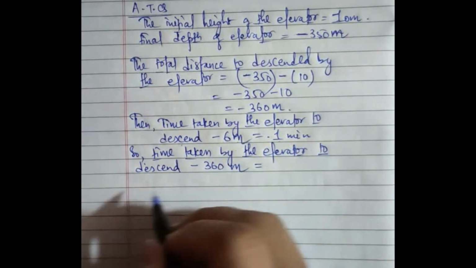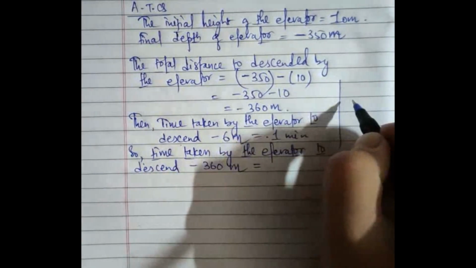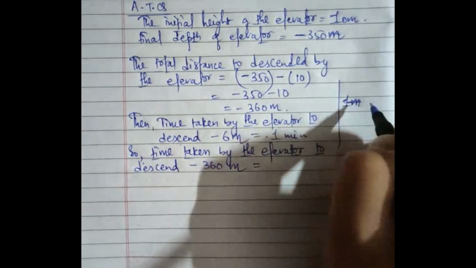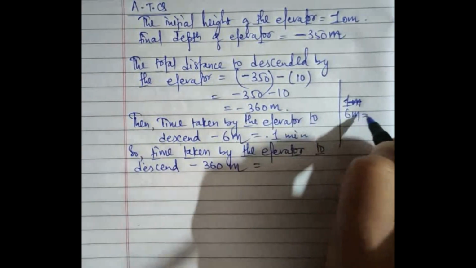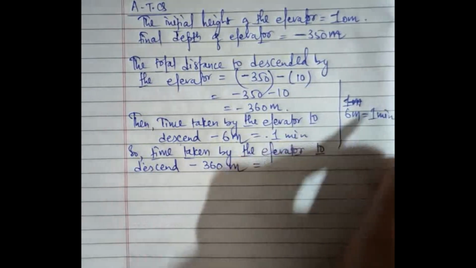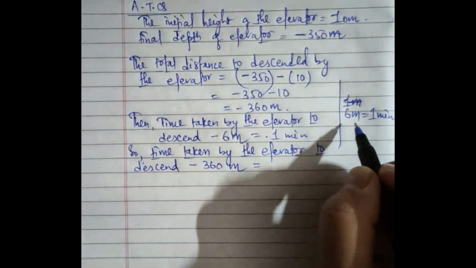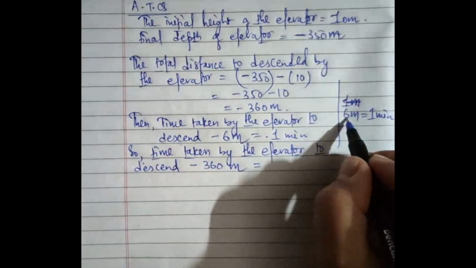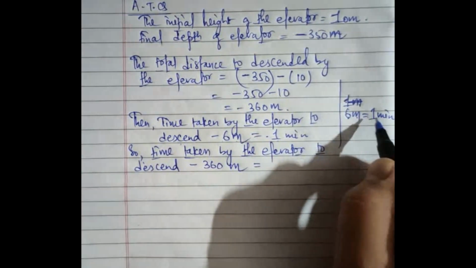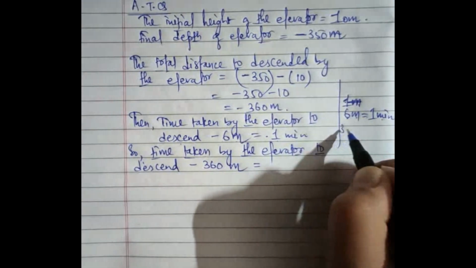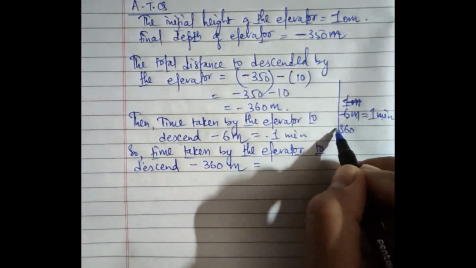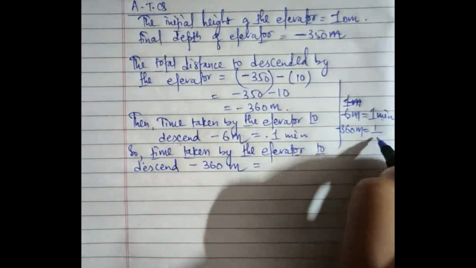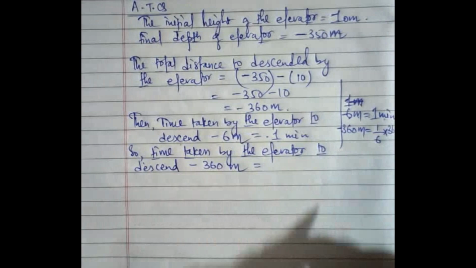The rough calculation will be like this: this is 6 meter for 1 minute. You don't get confused, okay? So for minus 360 meter, it is 1 by 6 into 360. This is the overall calculation.